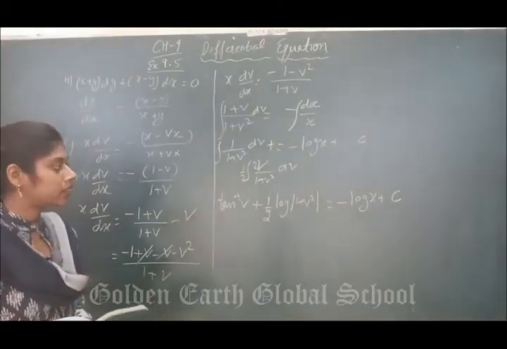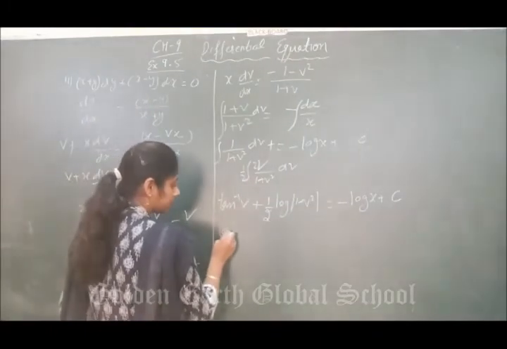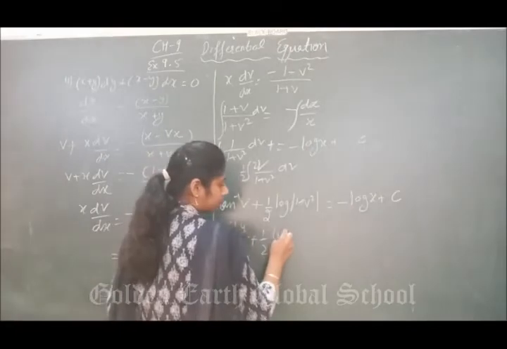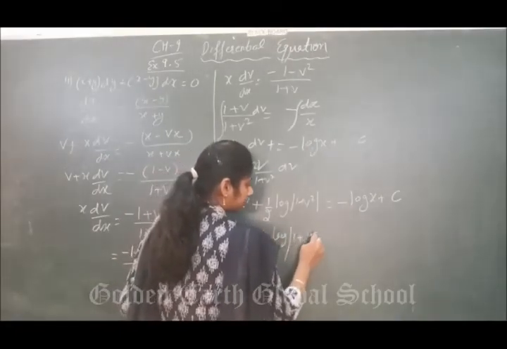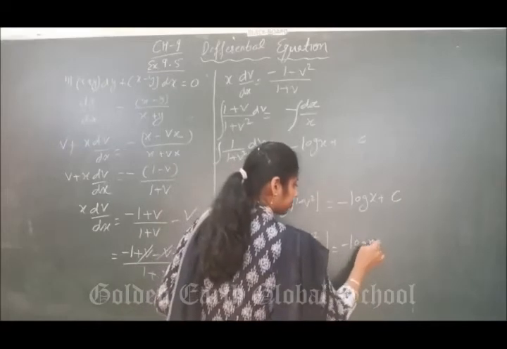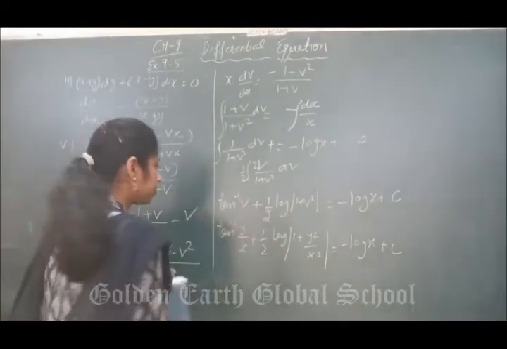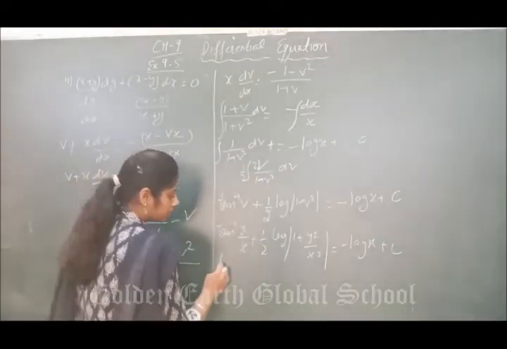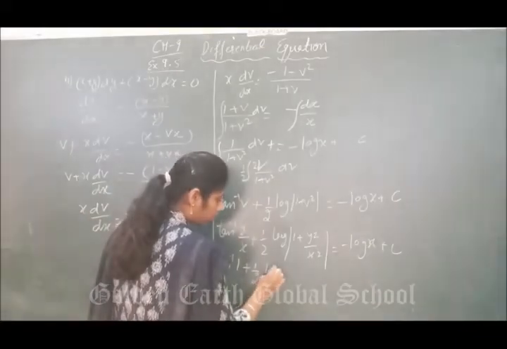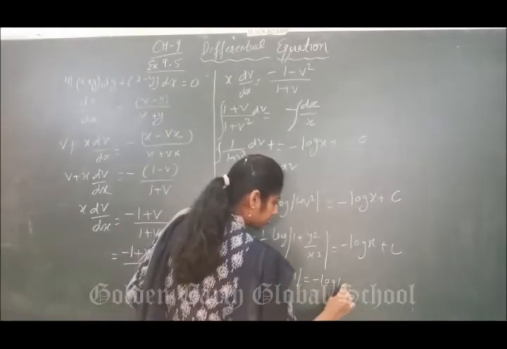Now we have to find the value of c. First of all, replace v with y/x. The conditions are y(1) = 1, so replace y and x by 1. So tan inverse 1 plus 1/2 log(1 + 1) equals −log 1 plus c.